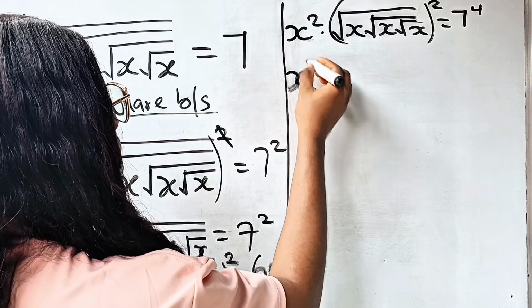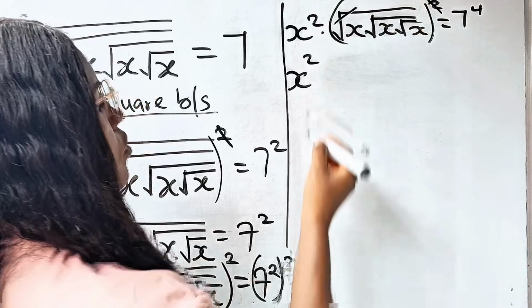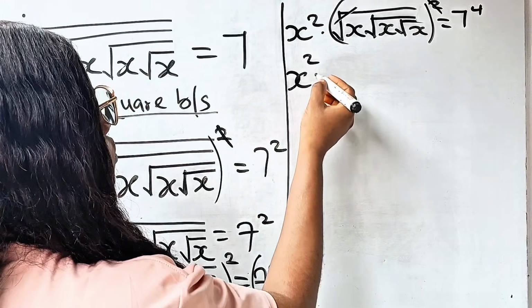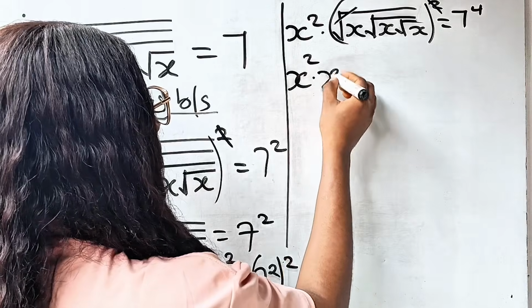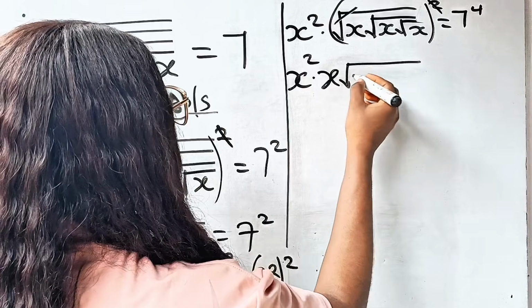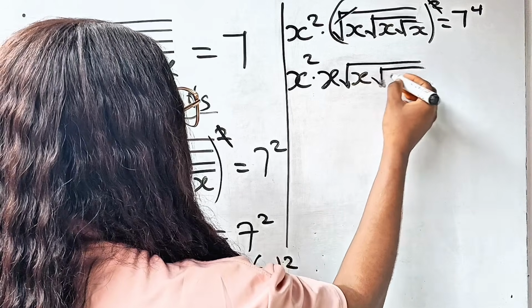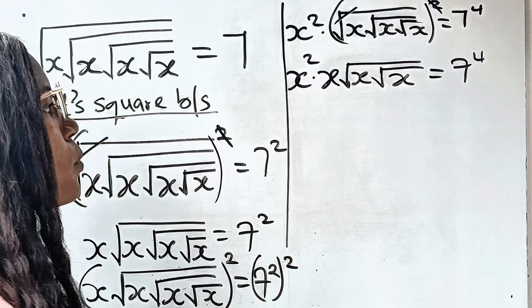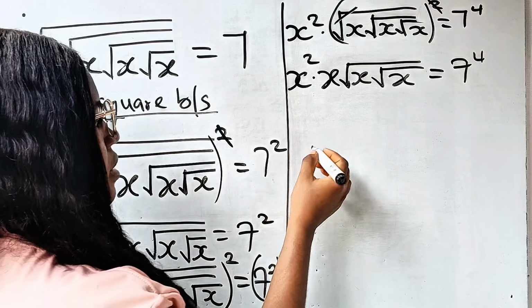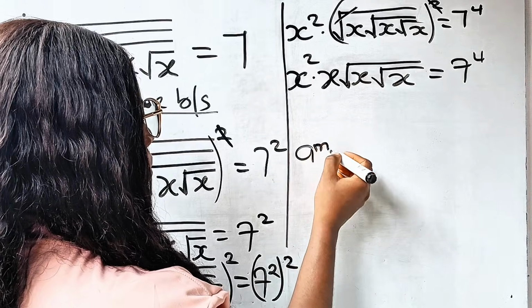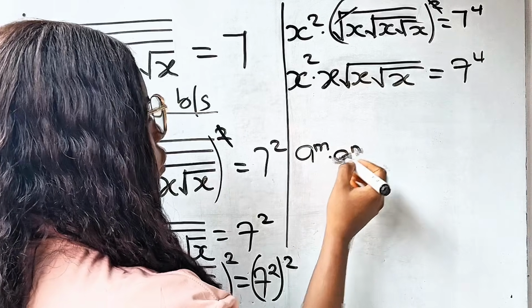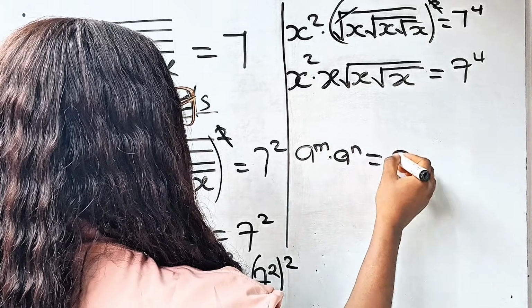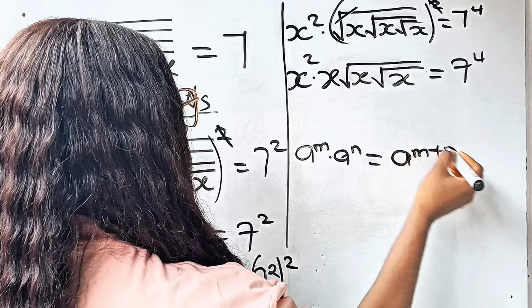So we have x squared. As usual, this square will remove this root, so we have multiplied by x root x root x is equal to 7 to the power of 4. Now remember that a to the power of m multiplied by a to the power of n is equal to a to the power of m plus n.